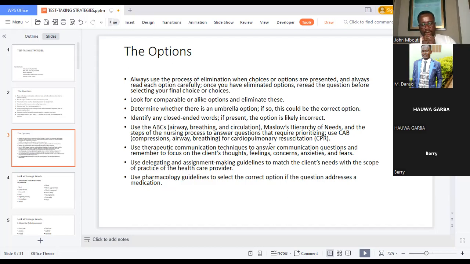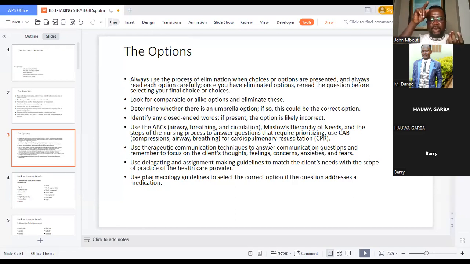What do we mean by umbrella option? Let me quote an example. Let's say you are talking about infection control, and let's take the example of standard precautions. We know that standard precautions always apply whether you are using contact, airborne, or droplet.